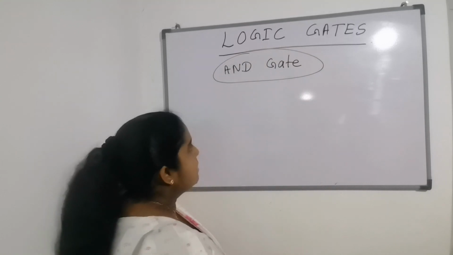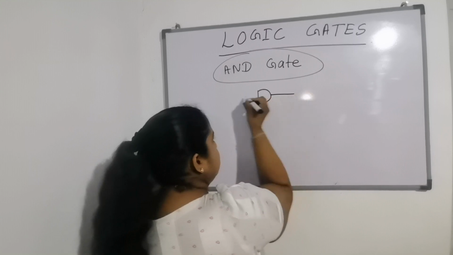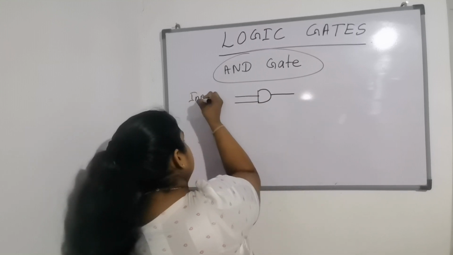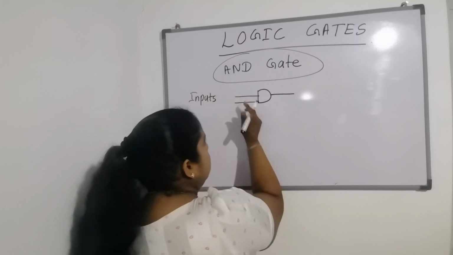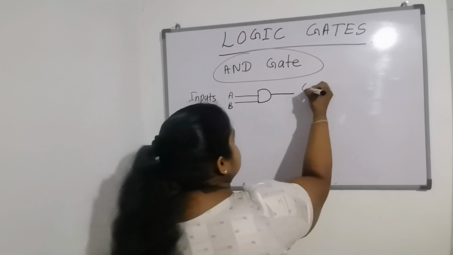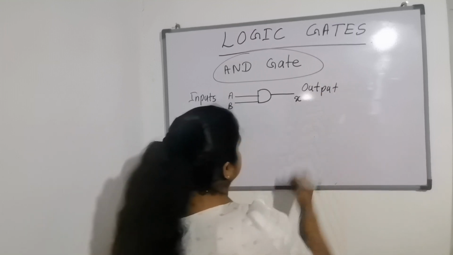In the AND gate, this is the symbol. AND gate will have two or more inputs, I will name as A and B, and this is output X.